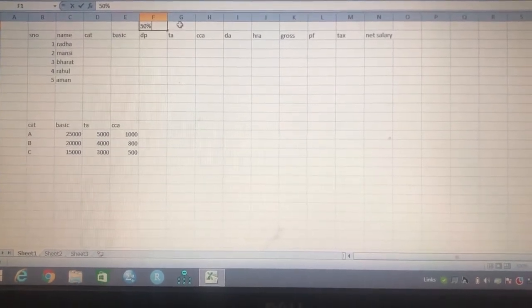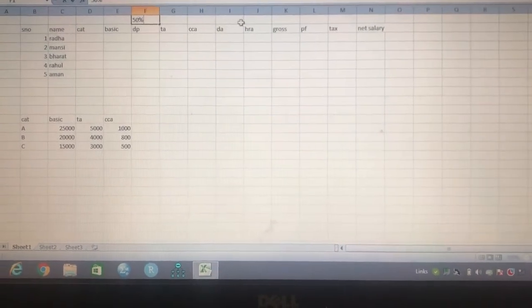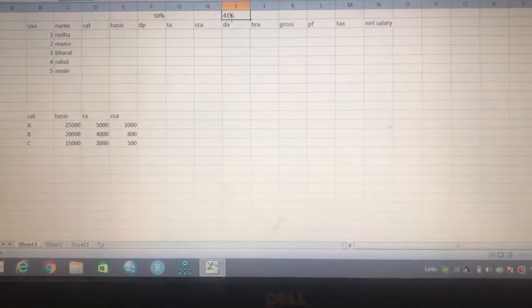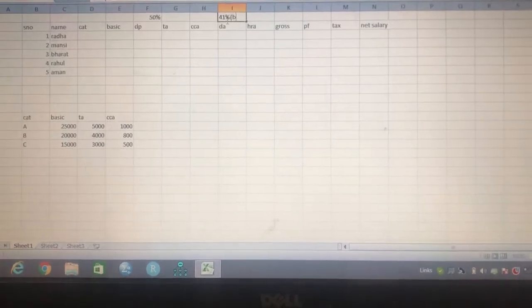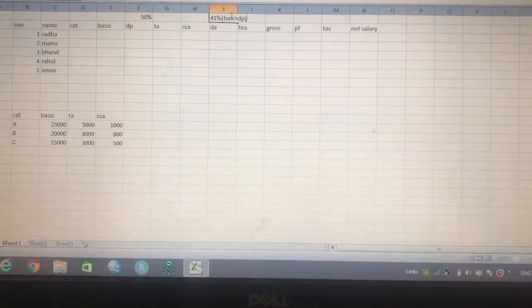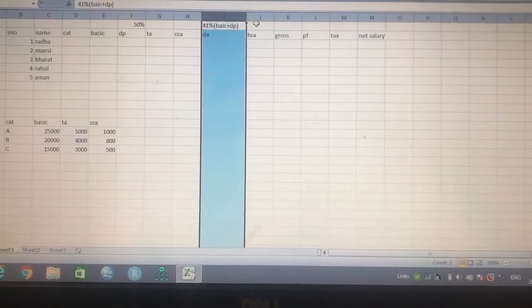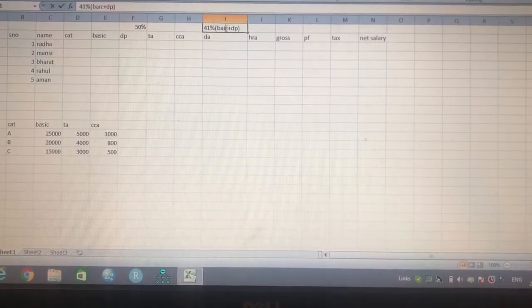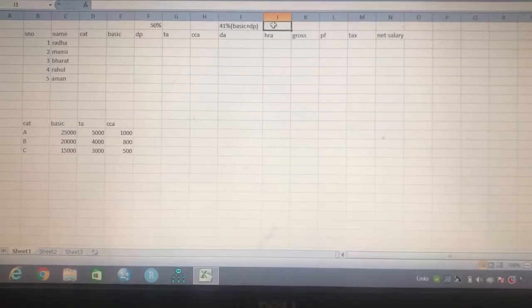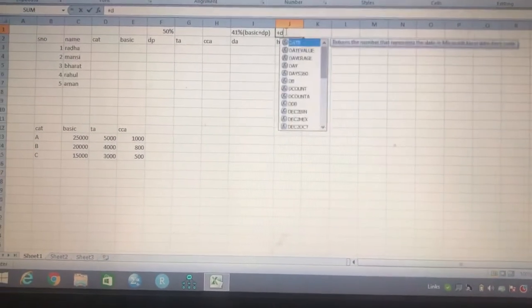The values for TA and CCA are given here as per the category, and then DA is 41% of basic plus DP. Then HRA is 30% of basic plus DP.